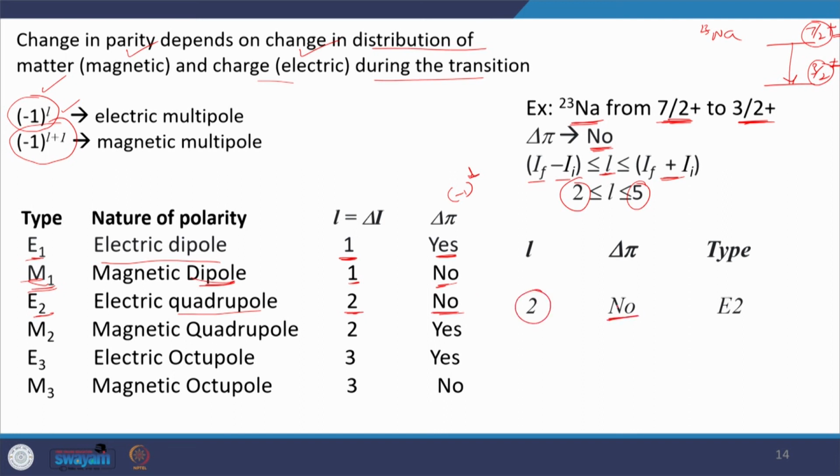So, there is no change in the parity anyway, plus to plus, and the type is E2, because when there is no change in the parity and L is equal to 2, it is electric in nature. If L is equal to 3, it is odd, so it is magnetic in nature. Again, when L is equal to 4, even, electric in nature, and when L is equal to 5, it is magnetic in nature.